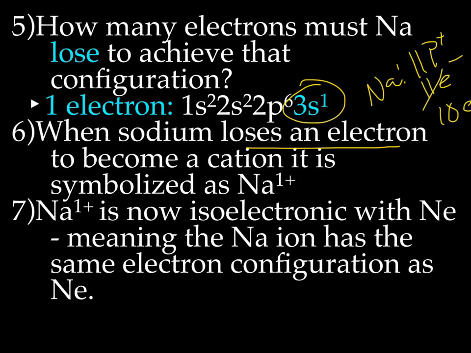A proton. So he's going to be positive, and we're now going to symbolize him as Na1+. Na1+ is now a new term here, isoelectronic with neon, meaning the sodium ion, Na1+, has the exact same electron configuration as Ne.